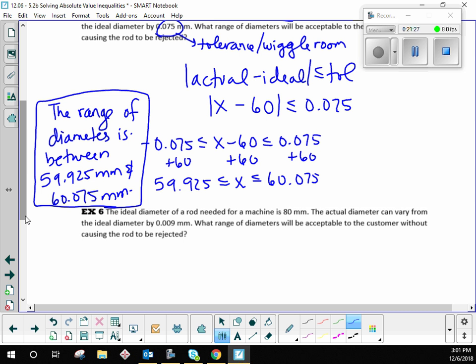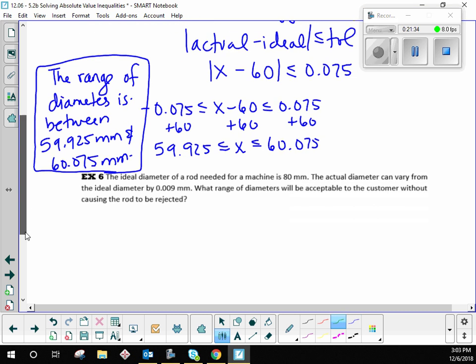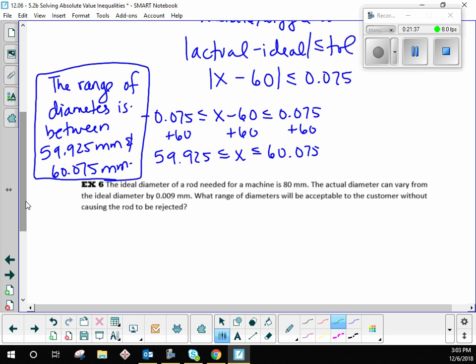All right, you try example 6. Tell me how you set up the inequality. This step right here. What did you write? X minus 80 is less than or equal to what? 0.009.